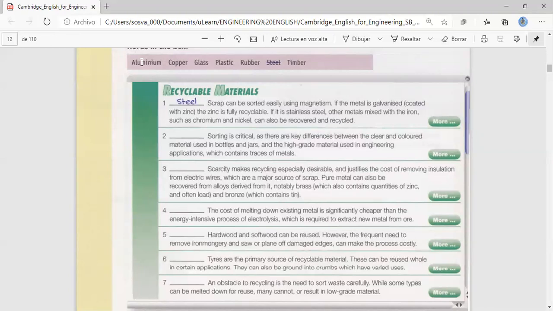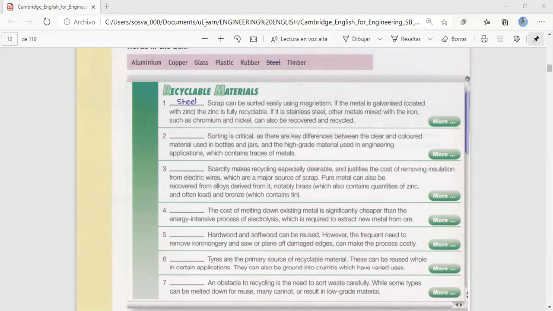Sorting is critical as there are key differences between the clear and color materials used in bottles and jars, and the high-grade materials used in engineering applications, which contain traces of metals.